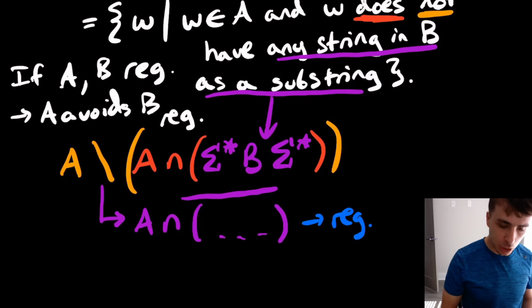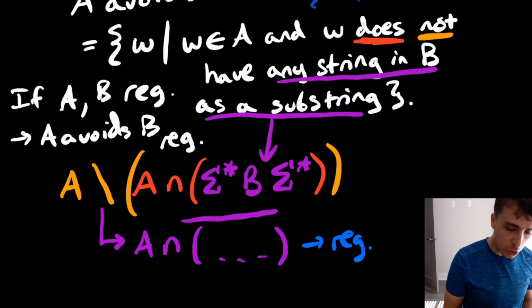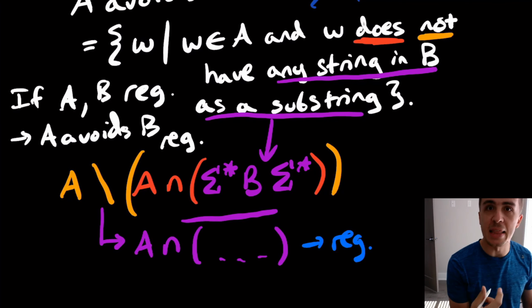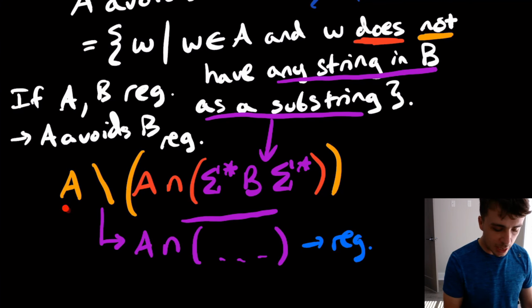What we were able to show is that the avoids property, which is all the strings in A that don't have any string in B as a substring, is a regular language. We phrase it in this terminology right here: we take all the strings that are in A and have a substring in B, and take away all of those from A. Then we're left with the ones that don't have any substring in B.